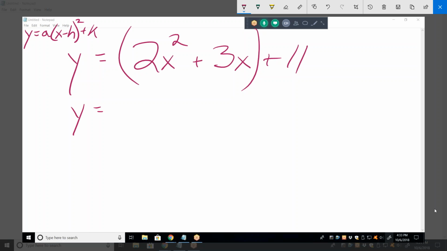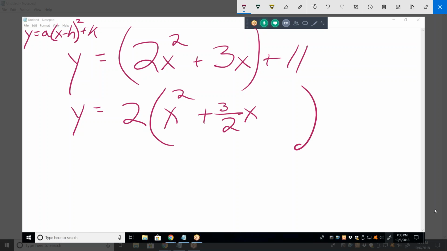To factor it out. Okay, and this is where it gets a little tricky because notice that 2 is not a factor of 3. But it doesn't matter. Do this. Have I changed it?